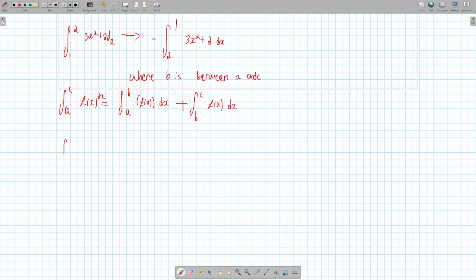Sorry, I should have put dx earlier, but you get my point. Basically, let's say I had the integral from 0 to 4 of 3x squared plus 2 dx, using the same example.